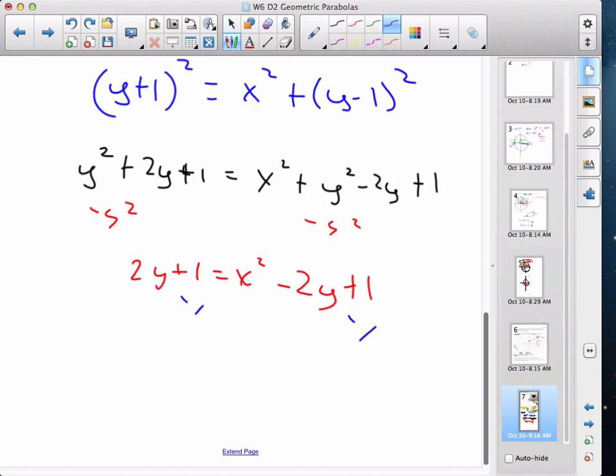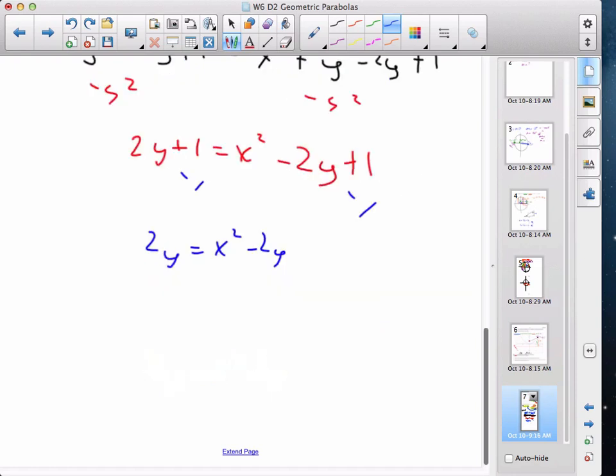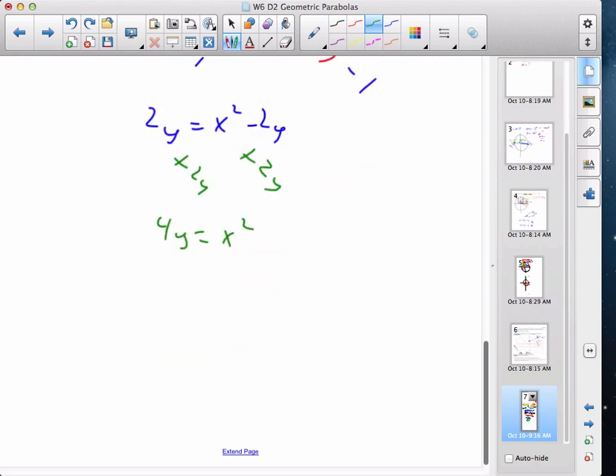Subtract 1 from both sides, so 2y equals x squared minus 2y. Trying to get y alone, we've got 4y equals x squared. It's the last step we need here to solve for y. Divide by 4. y equals x squared over 4.